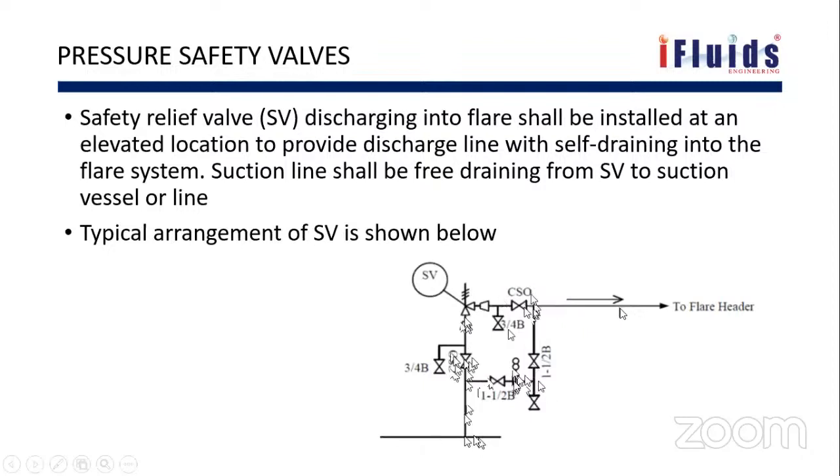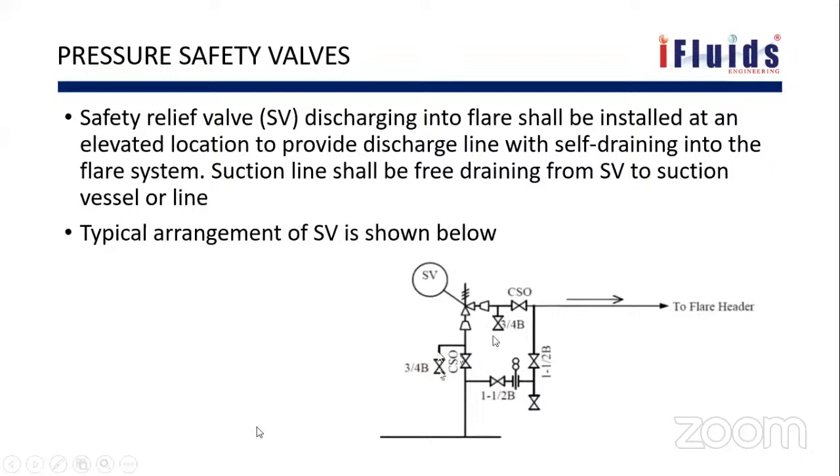If this downstream valve is kept closed, even if the PSV pops up and relieves the excess pressure, the pressure will not be relieved to the header because this valve is closed. So it is always important to keep the valves in open condition for pressure safety valves.